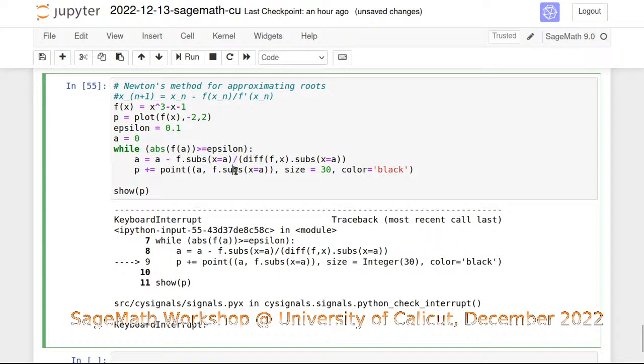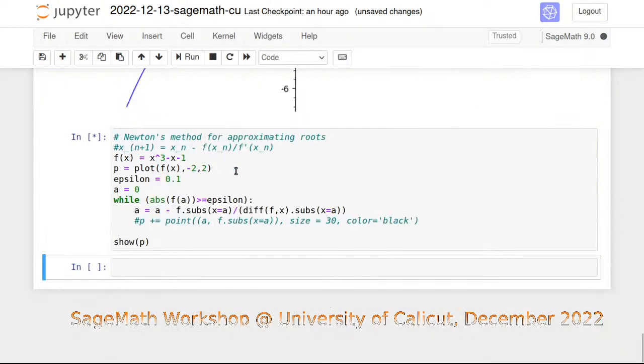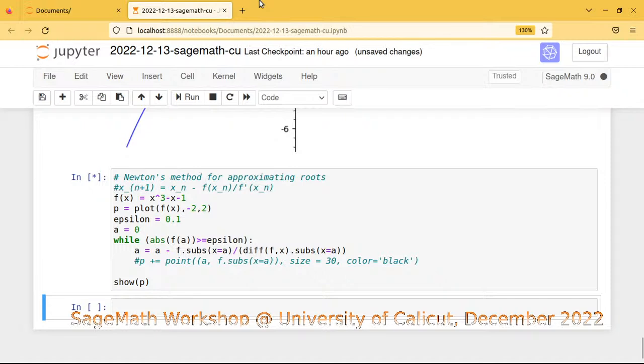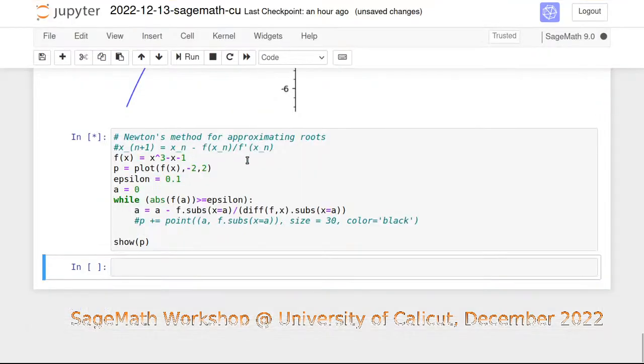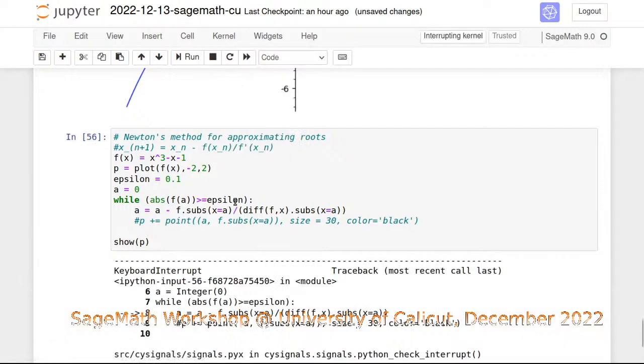Oh, I think too many plots are happening. Most probably that's the reason. Anyway, I will try to stop that. What is the result of this? Interrupting once again.